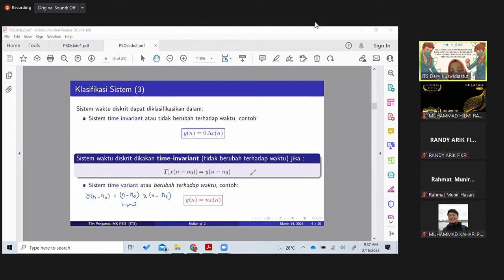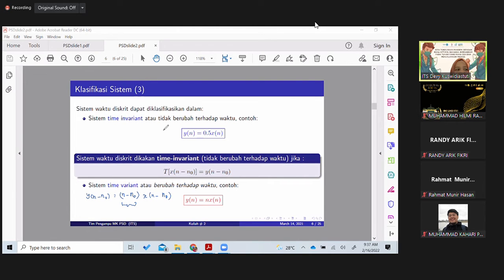We don't want those kinds of systems. That's why when we design a system, we always want a time invariant system, because we want to know exactly what we would get at any time.